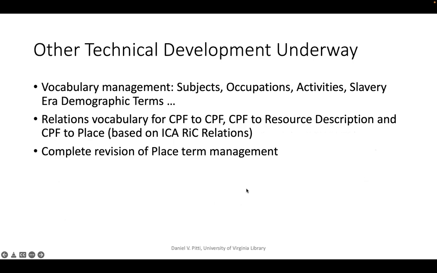Okay. So other technical development that's underway is vocabulary management. There are a lot of controlled concept vocabulary terms that are used in SNAC to describe the CPF entities. And we're now putting in place a robust means of managing those different controlled concept category vocabularies.